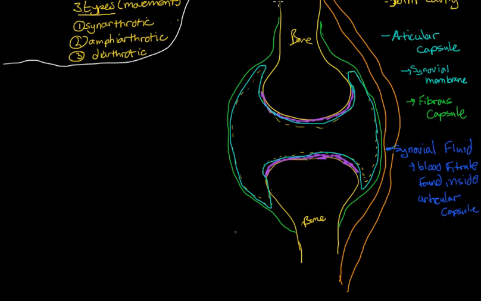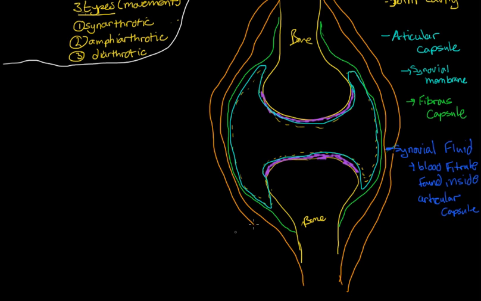So these reinforcing ligaments, remember a ligament is something that connects bone to bone, whereas a tendon is something that connects muscle to bone. And this is going to reinforce the joint. As you can imagine, reinforcing ligaments.